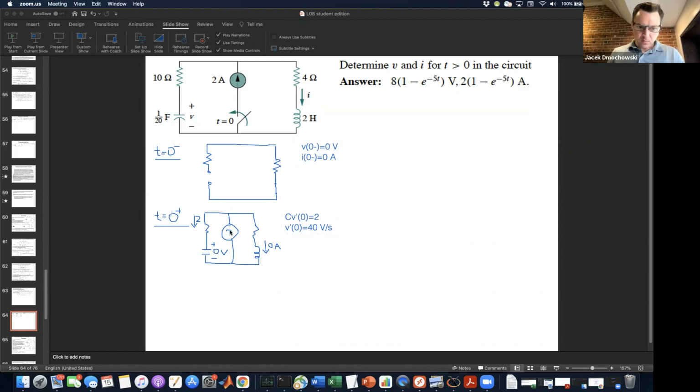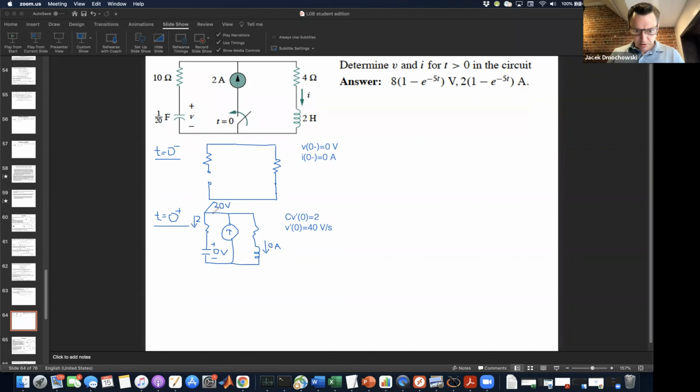Similarly, this is probably the trickiest part, the voltage here is going to be whatever the drop is across this 10 ohm resistor, which is 20 volts. And this 20 volt voltage transfers all the way to the inductor. Why? Because there's no current through this resistor because there's 0 amps in this branch.